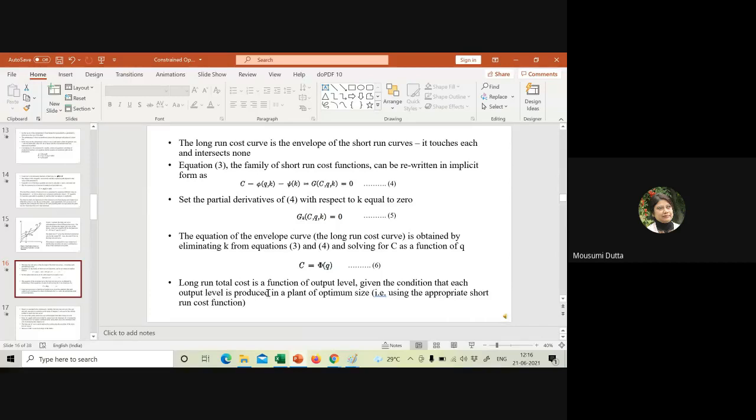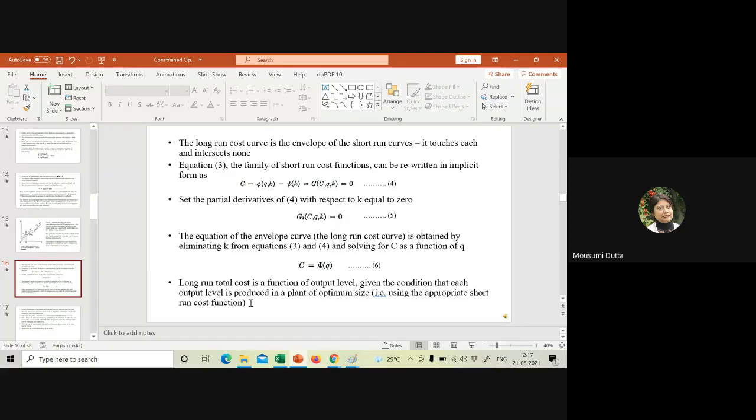Long run total cost is a function of output level, given the condition that each output level is produced in a plant of optimum size, that is, using the appropriate short run cost function.